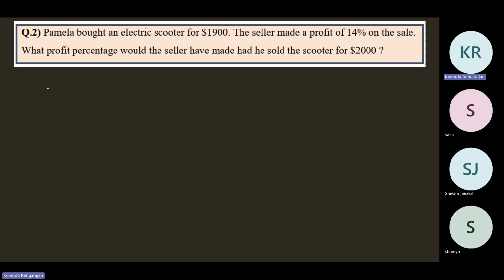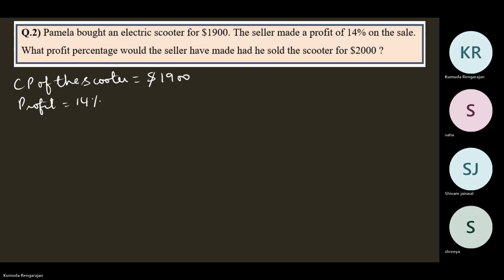Pamela bought an electric scooter for $1,900. So bought meaning cost price, purchased. So CP of the scooter is equal to $1,900. And profit is 14%. So you must immediately find the selling price.